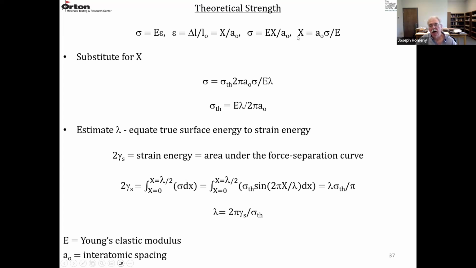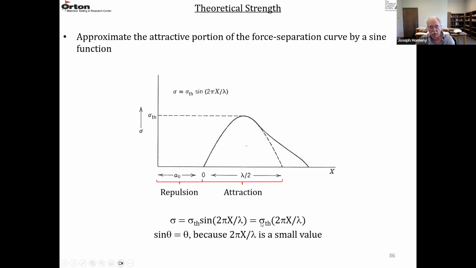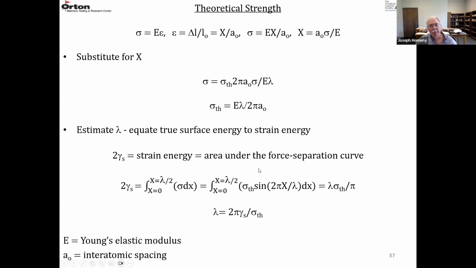And then solving for x just equals A0 sigma divided by the elastic modulus. Substituting x into our equation here, the strength equals the theoretical strength, 2 pi A0 times the stress divided by E lambda. And the theoretical strength just equals E lambda over 2 pi A0.